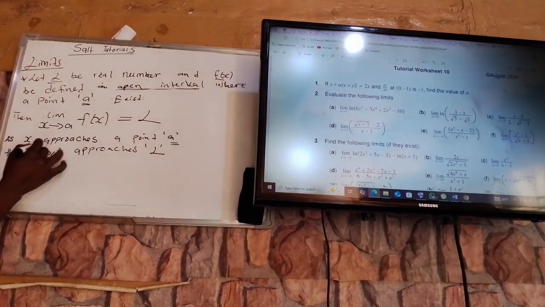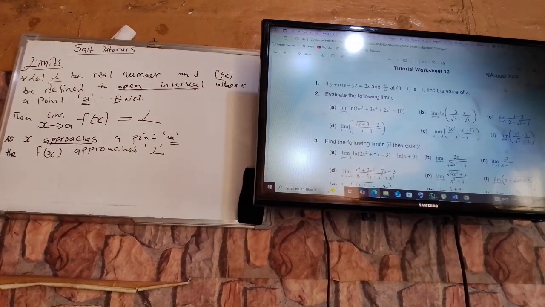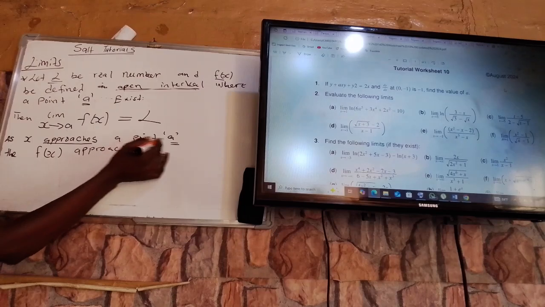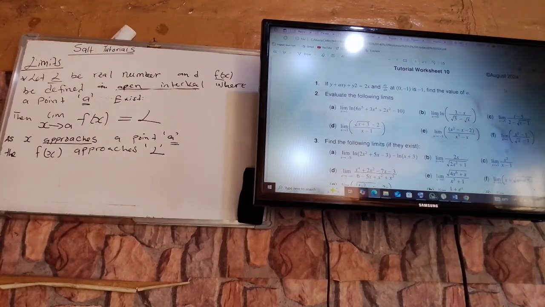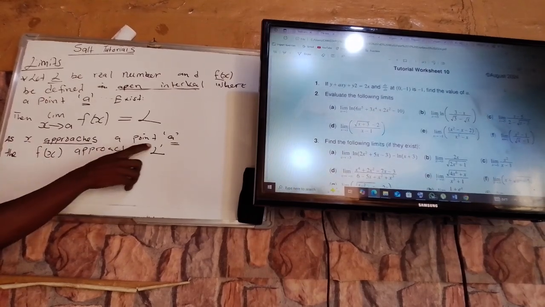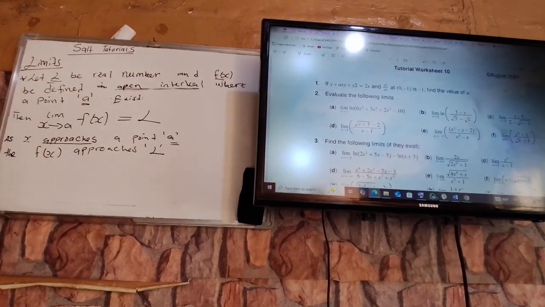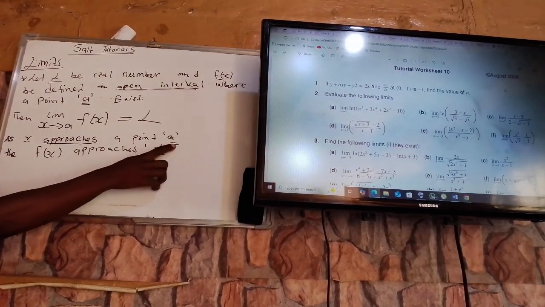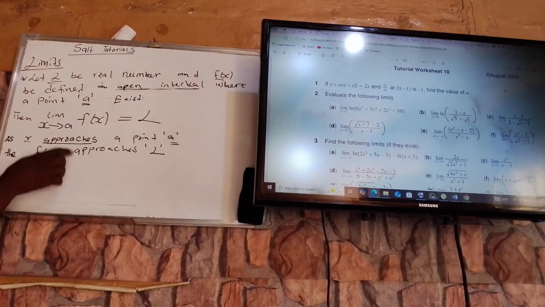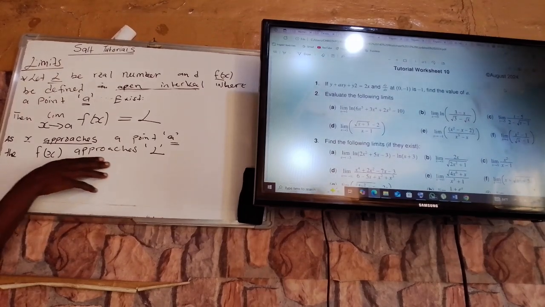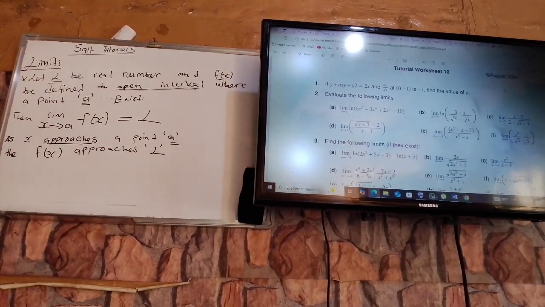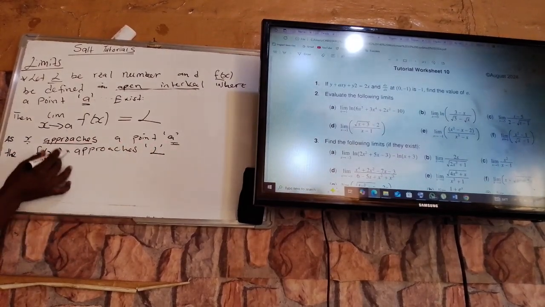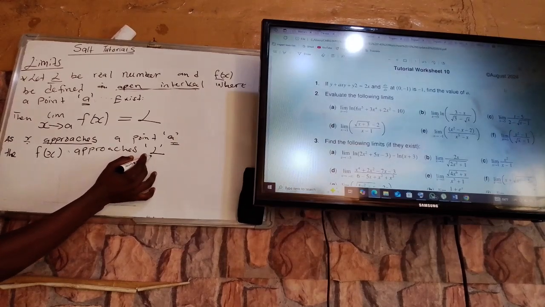By approaching, we're not necessarily saying that we are at the point A, but we are trying to explain the concept that x is drawing closer and closer to A. The more x is drawing closer to A, the more the function f of x is drawing closer and nearer to L. So x is coming closer to A, and the whole function f of x is coming closer to L.